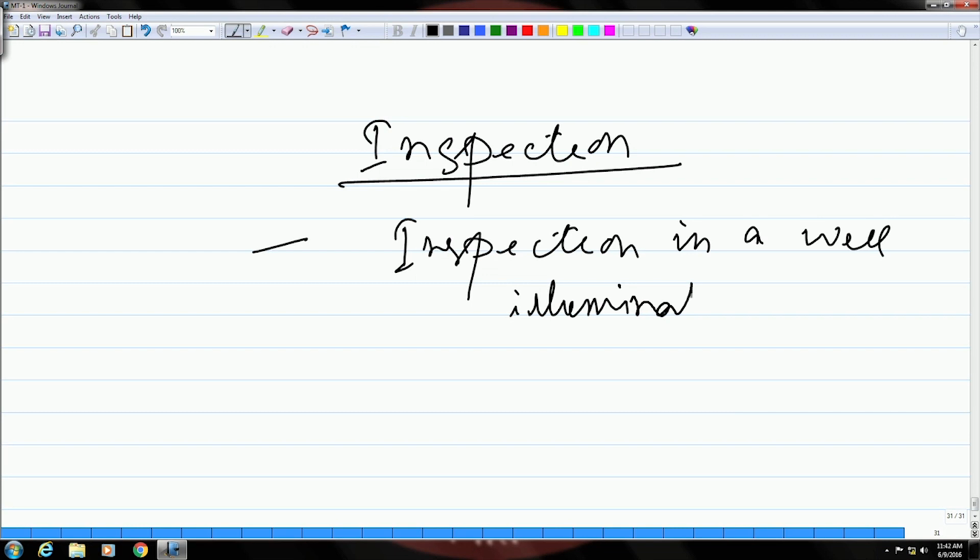That is what you do when you have normal wet suspension or dry powder. You take it to a well illuminated area and then see if you can see some visible indications of the surface flaws.